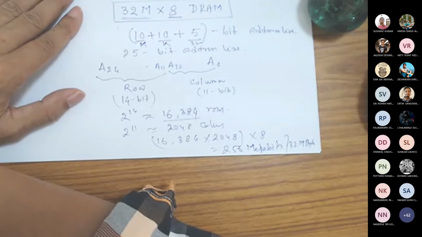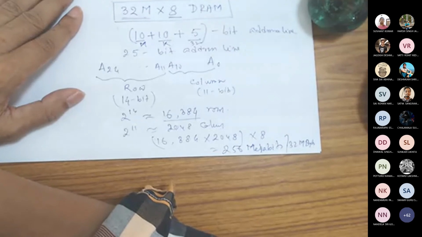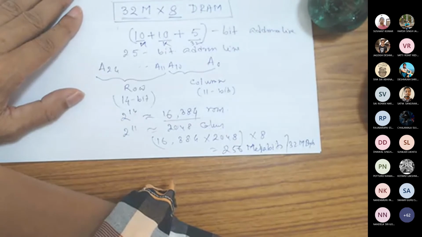So a total of 25-bit address is needed. The high order 14 bits and low order 11 bits are used as row and column addresses.